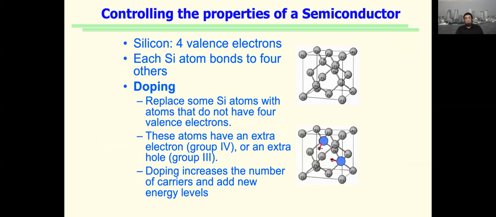Now, revisiting the silicon structure, remember silicon had a diamond structure. So this is now the 3D unit cell. And when we add a dopant like the blue ball that is shown here, that will be contributing an extra electron now.